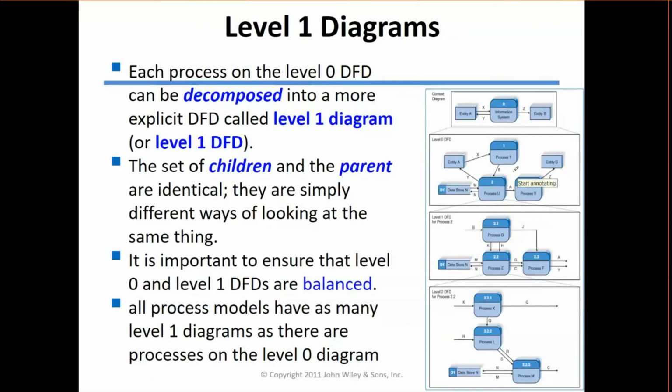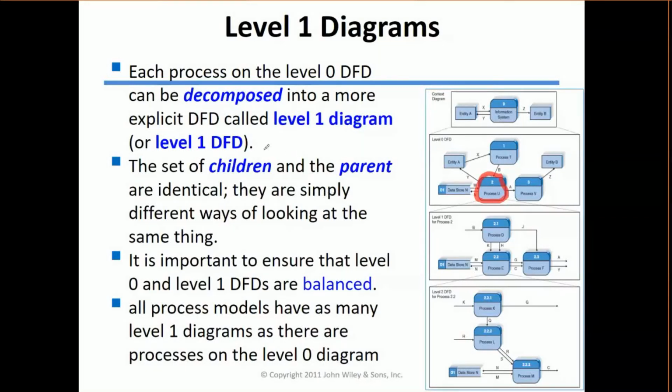In the level 1 diagram, what we do is, let's suppose we have three processes, 1, 2 and 3. We pick up any one of these, for example 2, and explain it further.